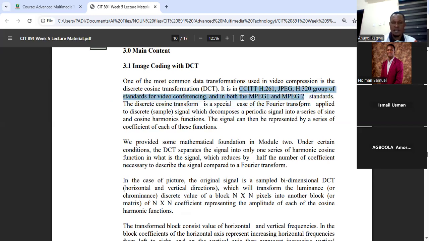They are here: CCITT, H.261, JPEG, H.320, a group of standards for video conferencing. These are some of those which can appear in both MPEG 1 and MPEG 2. So we'll look into them as we progress.